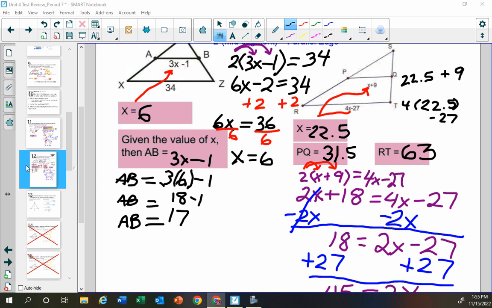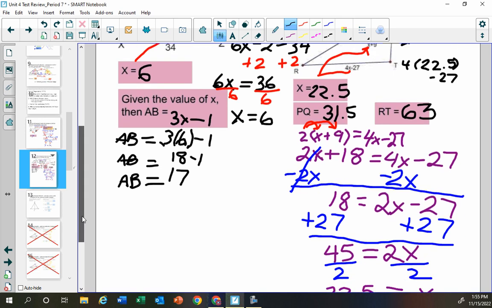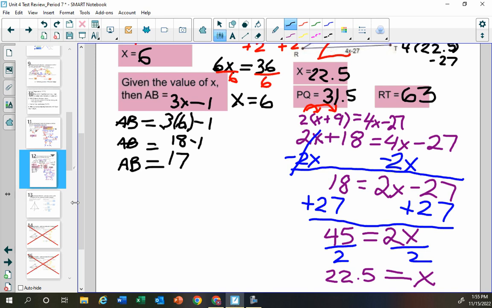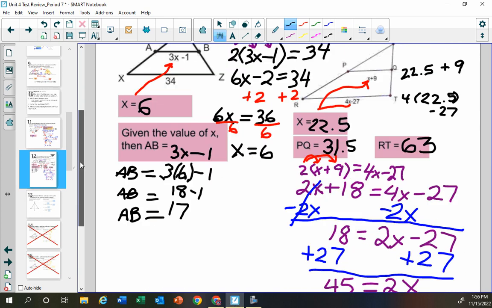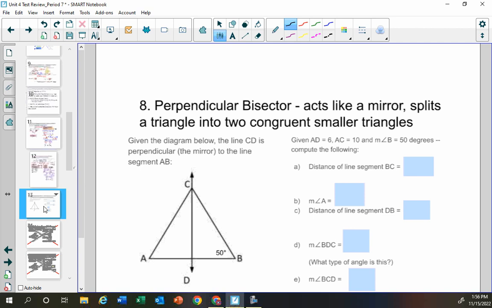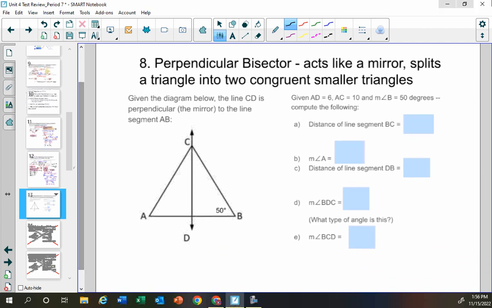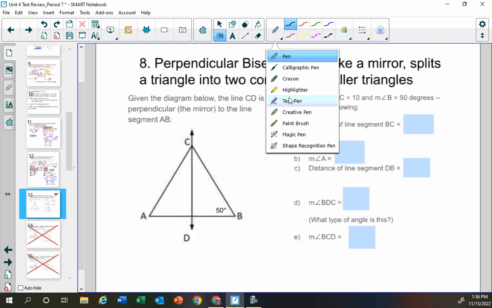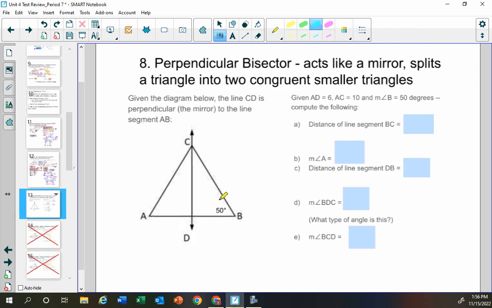All right. Okay, the next one I kind of want to talk about, it's a little different than most of the other problems we've done. But it's going to be with the perpendicular bisector. This one's like a mirror.